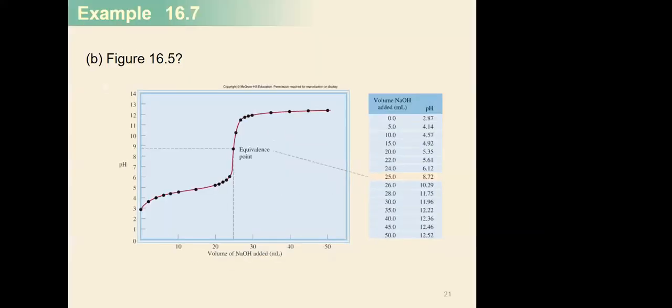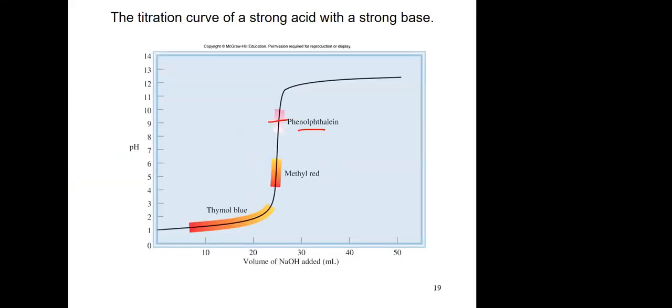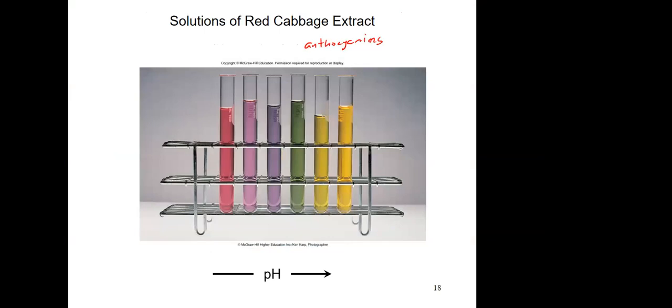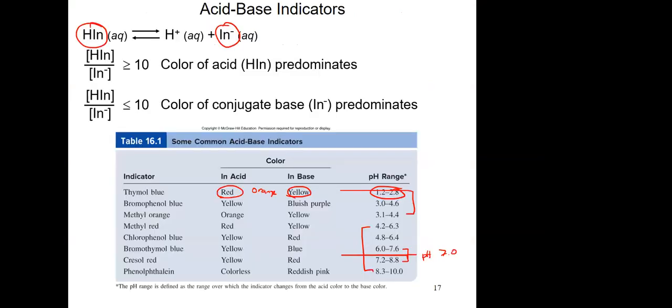Now, for the weak acid, strong base titration, we could say we're going to go with what? The cresol red and the bromthymol blue. This one, I think, is hard, because it's the one that is above pH 7 and you're not sure here.